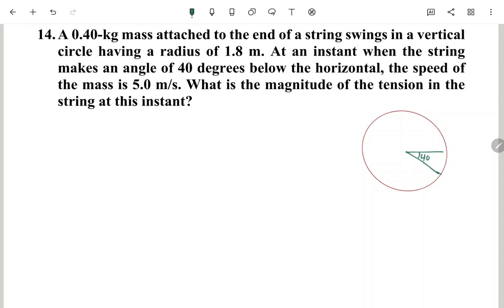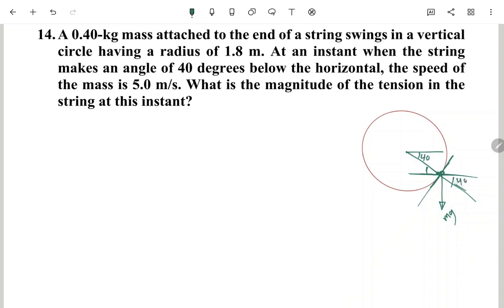So let's again have a free body diagram. This is the object here. So we have mg directed this way here, and this is the tangent. So if this is theta, which is 40, this will be theta as well, and this will be 40 as well.